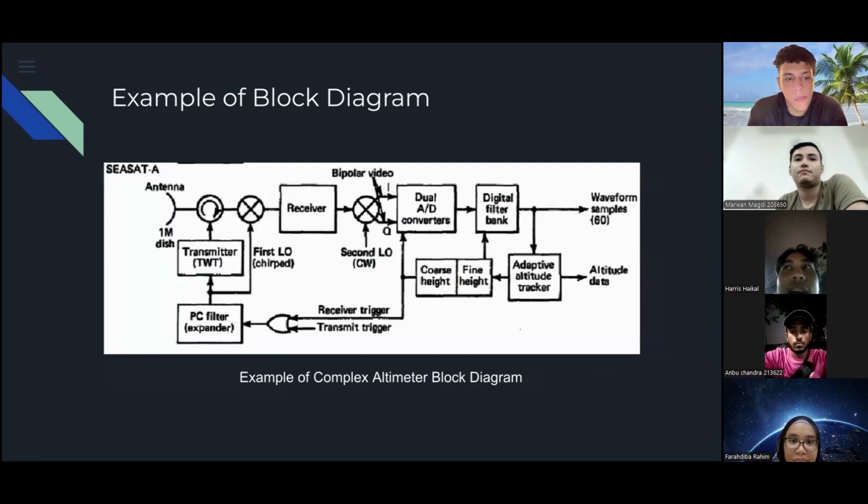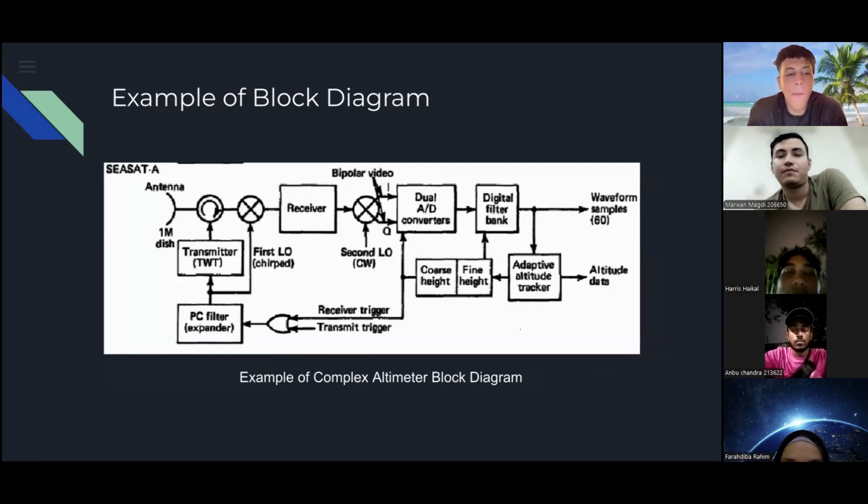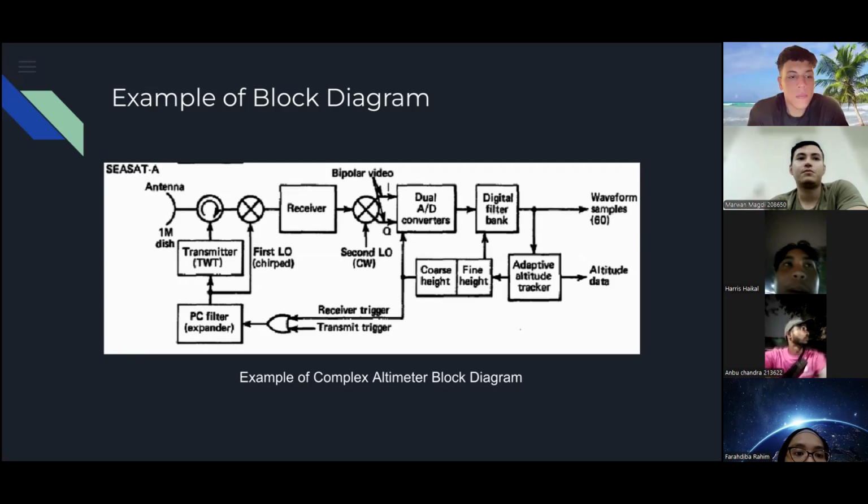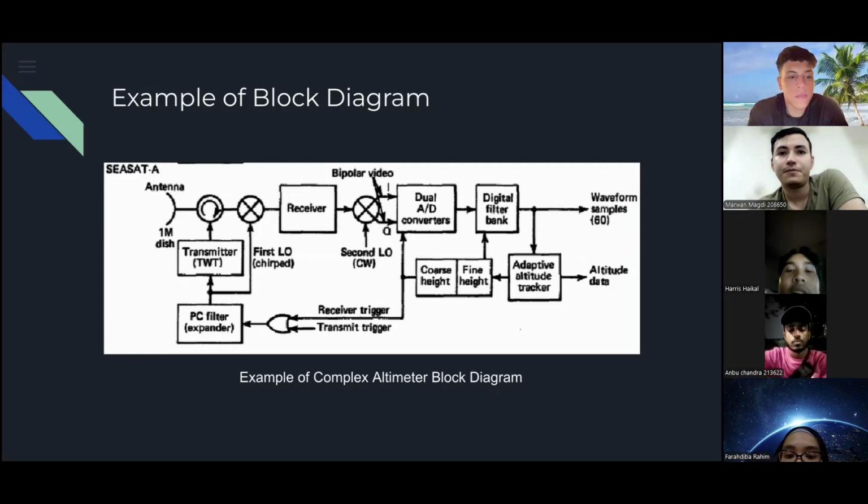These components together fulfill the function of the altimeter. So next slide.